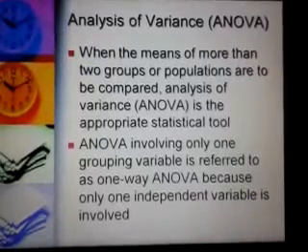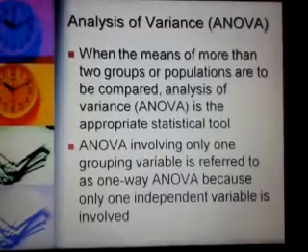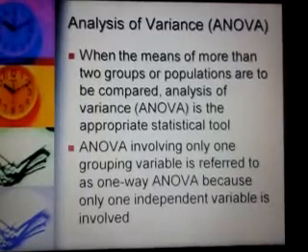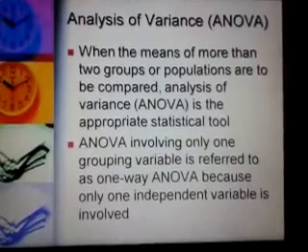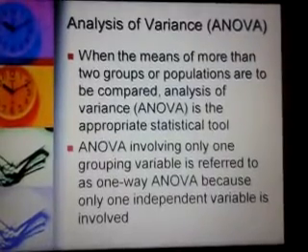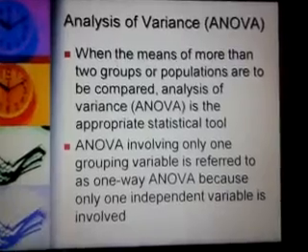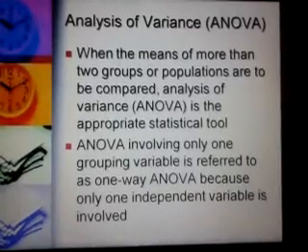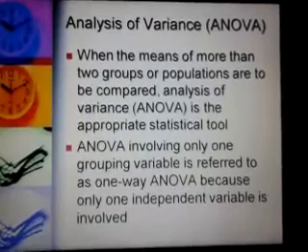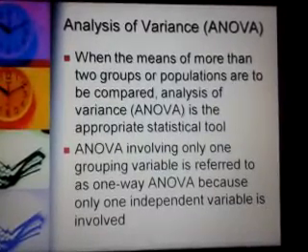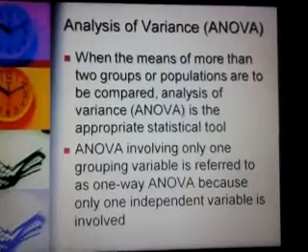So when the means of more than two groups or populations are to be compared, analysis of variance is the appropriate statistical tool. Till now we have been comparing the mean of two groups or two populations. For example, we compare the mean of male and female.